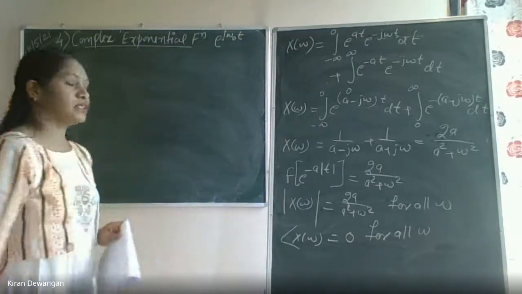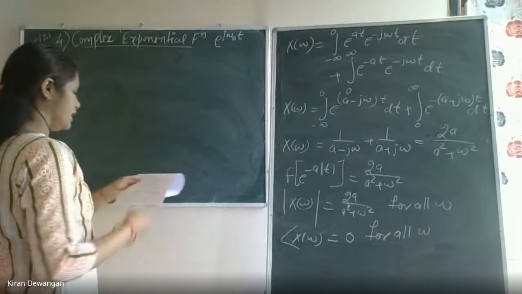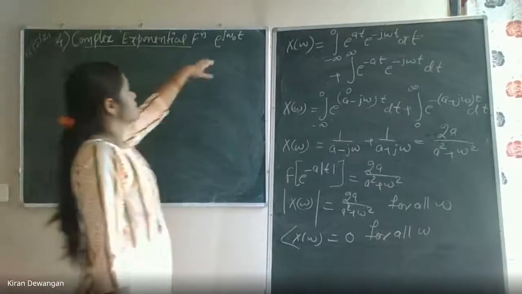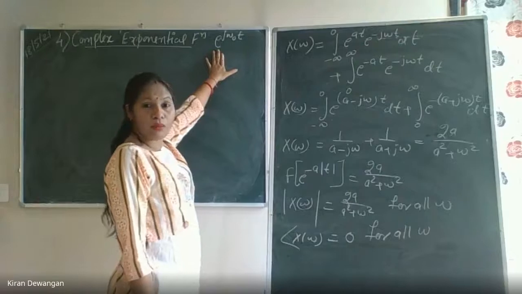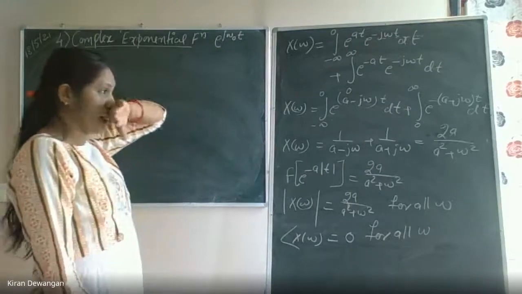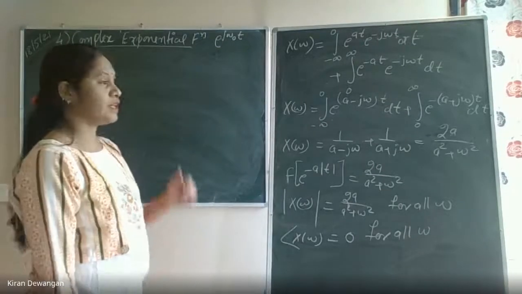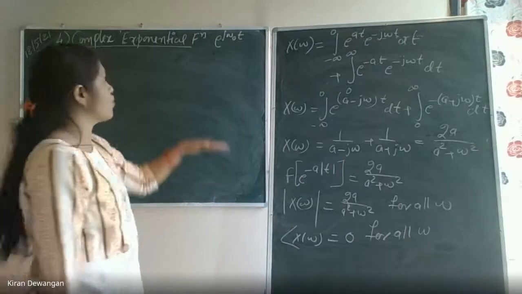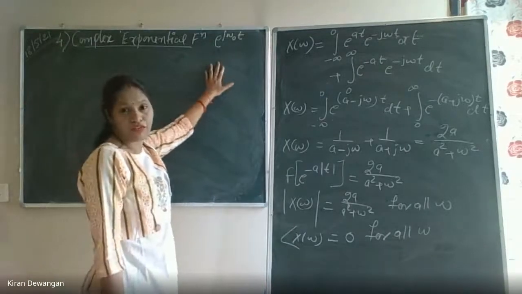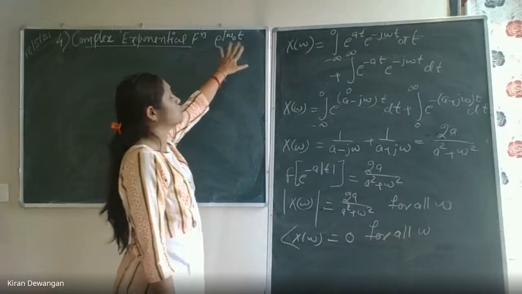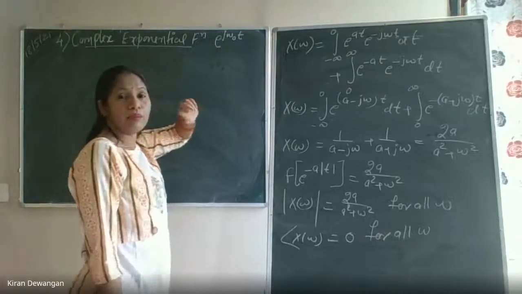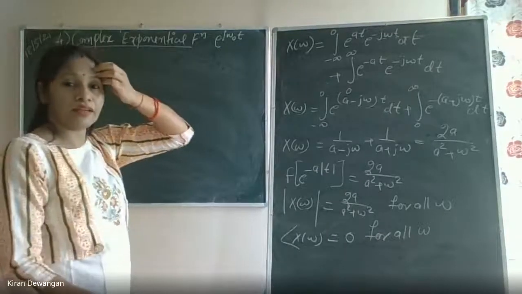Let us take it as e to the power j omega naught t. Now, since this is a complex exponential function, if we try to obtain it in a proper way, that is by taking the Fourier transform of it, that will be a little difficult for us, and we will not be able to find the proper way.